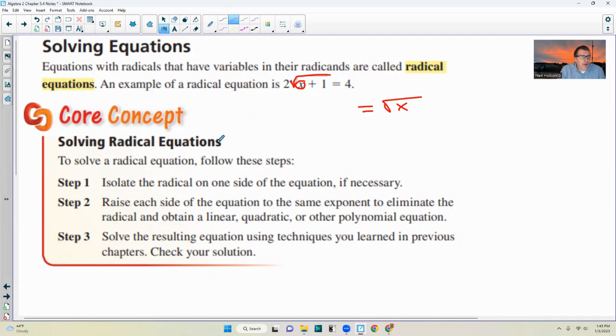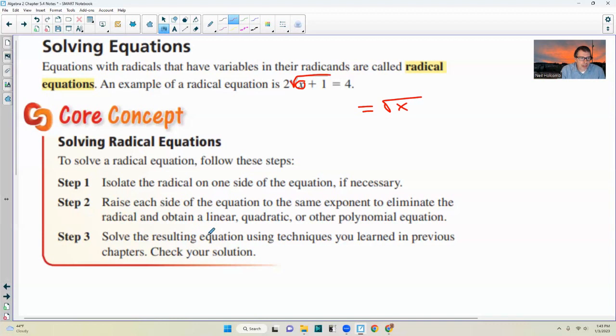Core concept, solving radical equations. To solve a radical equation, you follow these 3 steps. 1, isolate the radical on one side of the equation if necessary. 2, raise each side of the equation to the same exponent to eliminate the radical and obtain a linear, quadratic, or other polynomial equation.